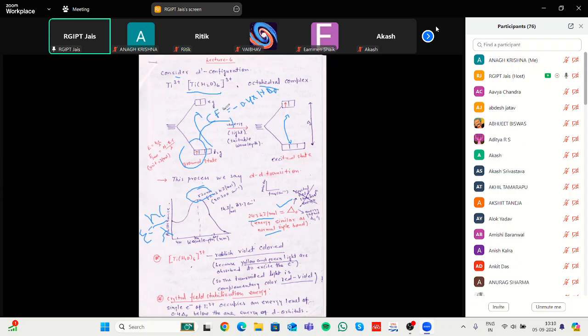If there are two electrons in this, then minus 0.4 into 2, this way. The total energy of this one is minus 0.4 delta O, and the value of delta O is 243 kilojoule per mole. This is calculated from that wavelength formula.